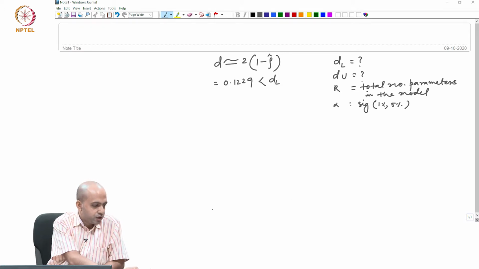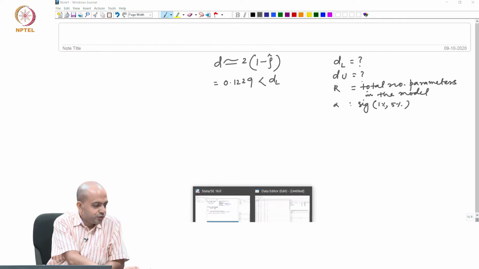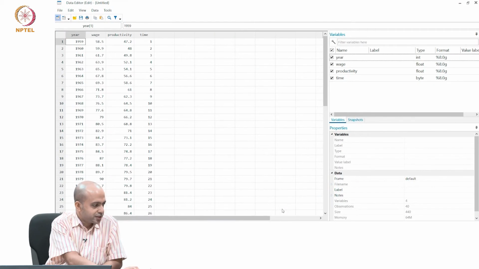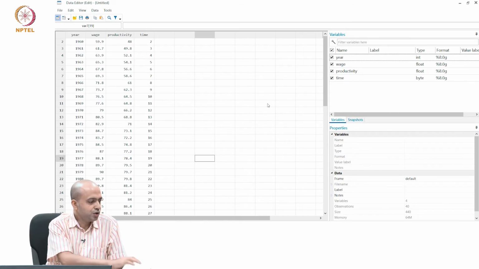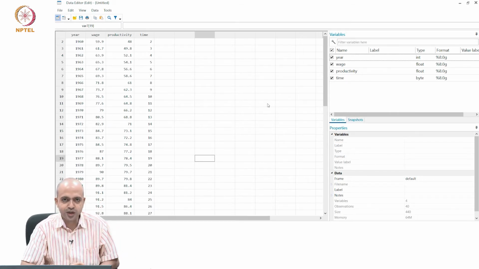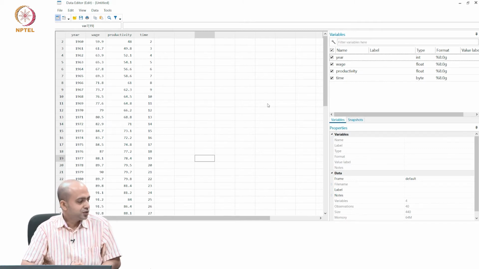This is the data set: time series data on wage and productivity from 1959 to 1998, so you have 40 years of data, at the economy level, and this data is also taken from the US.